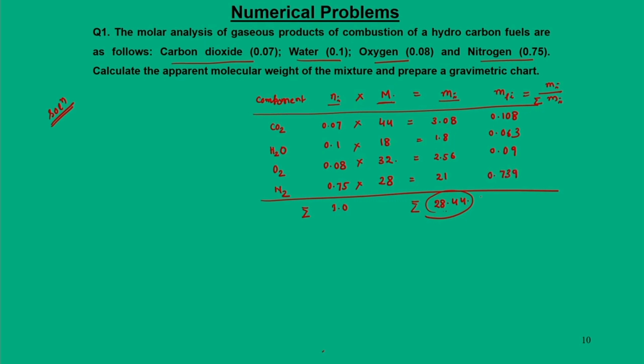If you sum these, the summation is also 1.0. So, you can check that your molar analysis gives a summation of Ni of 1, and this mass fraction analysis also gives a summation of Mfi of 1. So, this analysis is correct, and this is called a gravimetric chart.